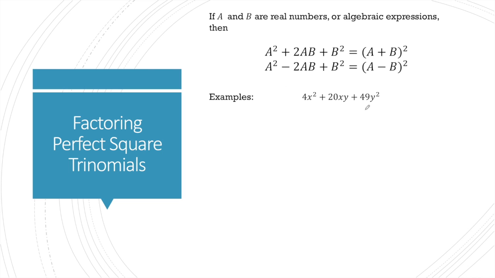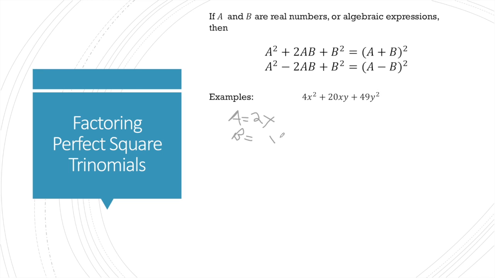Let's go ahead and identify what our a and b would be. In this case, it's a little more complicated, and we can go ahead and factor it. So I've got 4x squared. That's my leading term. I can already tell you this is going to be a perfect square trinomial. So my a in this case would be 2x, and my b squared is 49y squared.